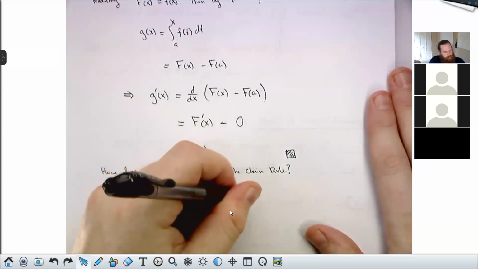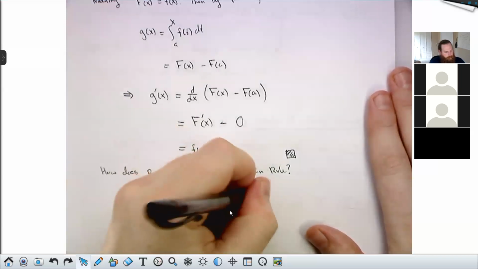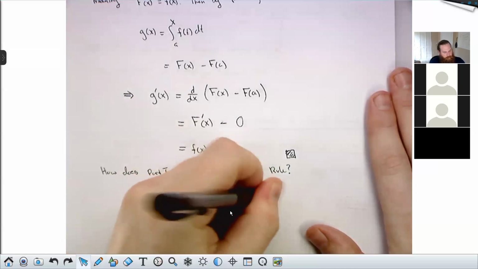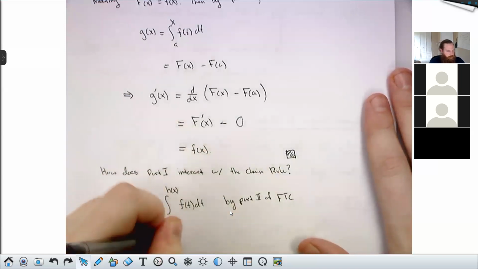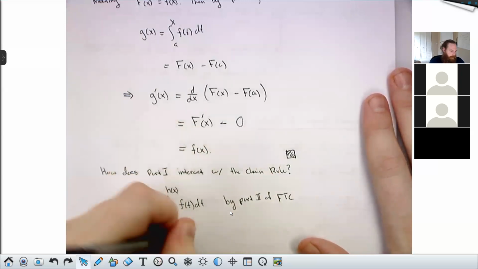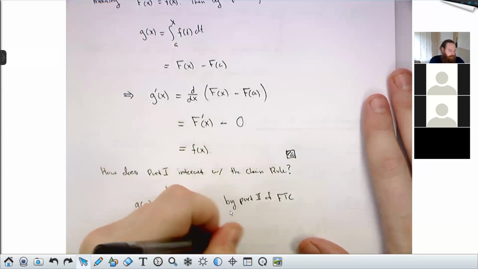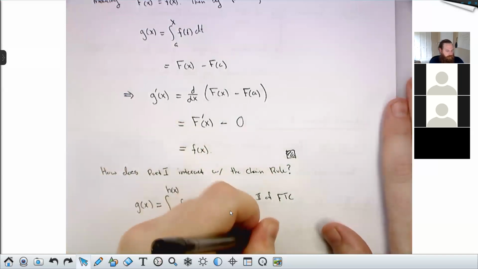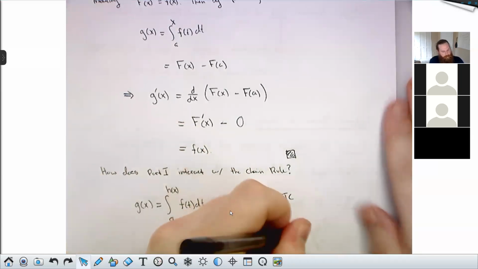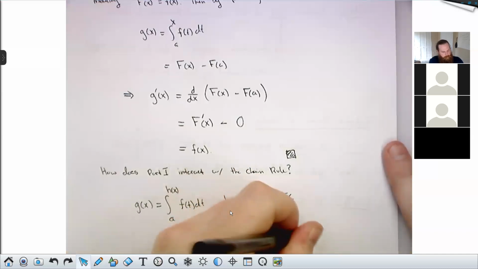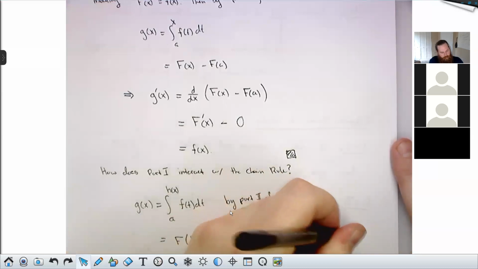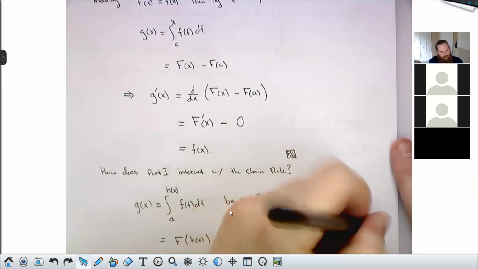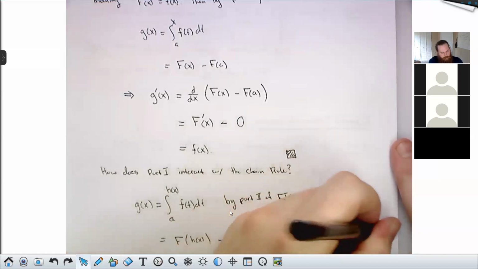By part 2 of the fundamental theorem of calculus, this is equal to capital F of h of x minus capital F of a, where capital F is an antiderivative for little f.